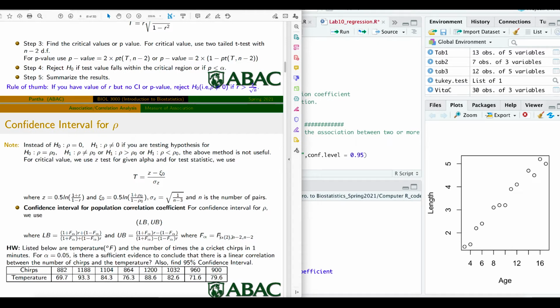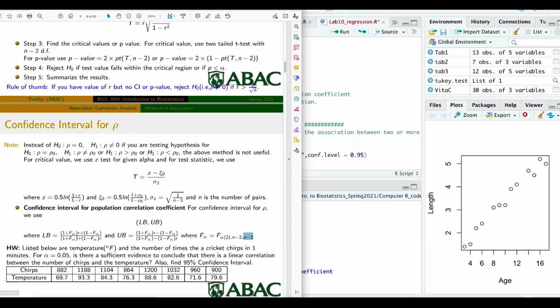We use n minus 2, n minus 2 as the degrees of freedom, because whenever you find the f value, you need two degrees of freedom, right? One for the numerator, another for the denominator. You will be using n minus 2 in that case.